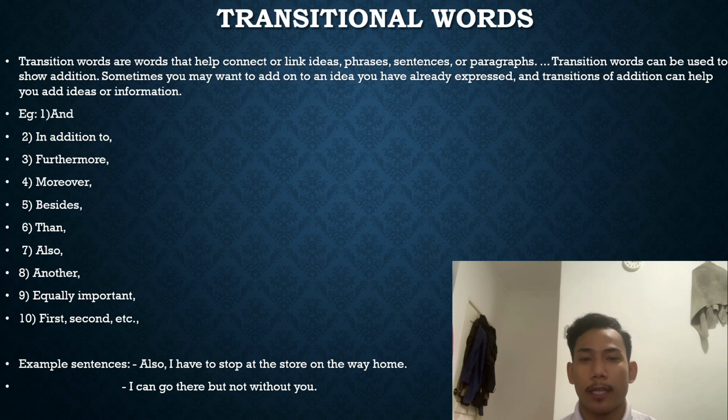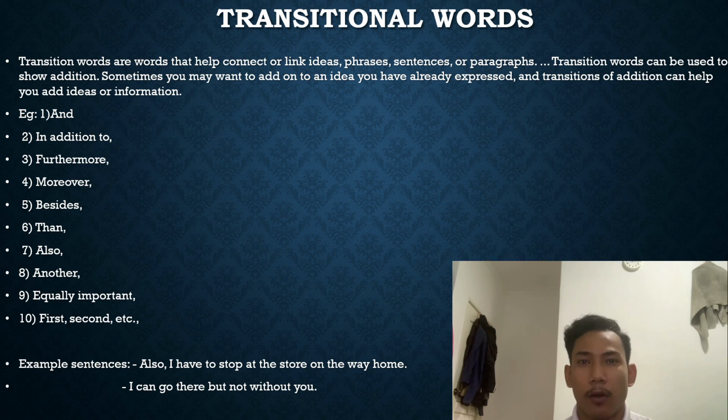Lastly, for the transitional words, or the other name, transition words. Transition words are words that help connect or link ideas, phrases, sentences or paragraphs. Transition words can be used to show addition. Sometimes you may want to add on to an idea you have already expressed, and transitions of addition can help you add ideas or information.